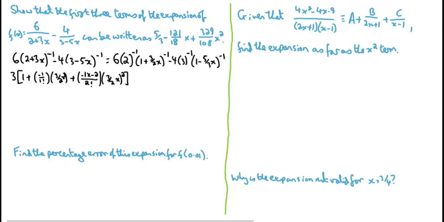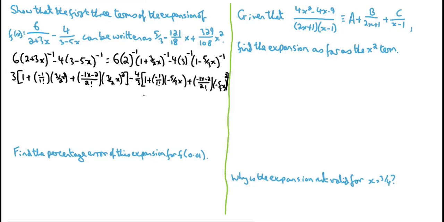And now 4 times 3 to the minus 1 is 4/3, so minus 4/3 of, in the big brackets, 1 plus minus 1 over 1 factorial times by minus 5 over 3 x. Then add to that minus 1 times minus 2 over 2 factorial times minus 5 over 3 x squared. Close bracket.